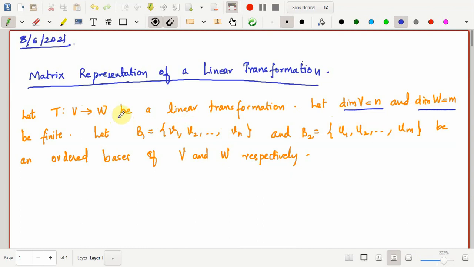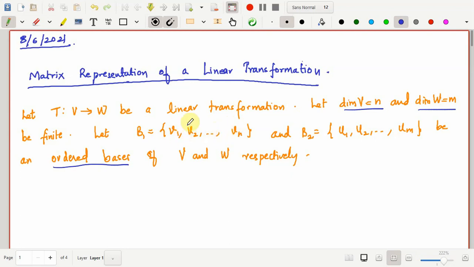Now these are not only bases, we call them ordered bases, as in the order of these elements is important. As we are going to construct a matrix, if we shuffle the order, the matrix is going to be shuffled.